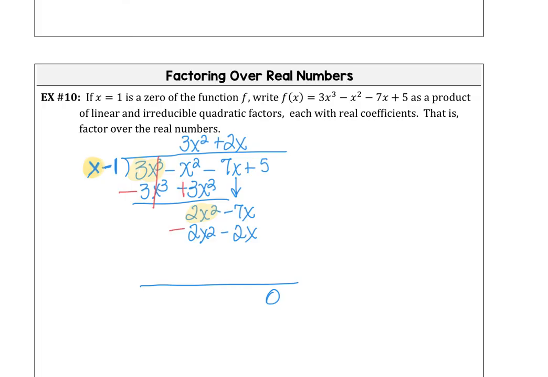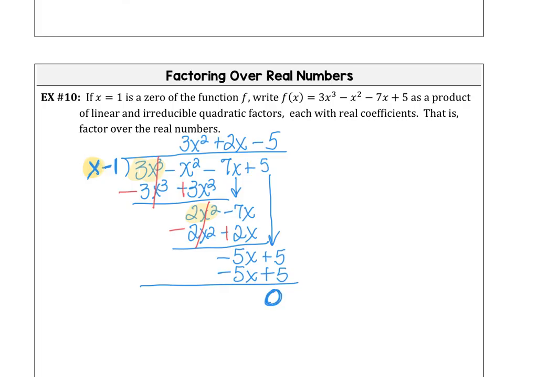We want to subtract both terms in this next step. That would go away. And negative 7 plus 2 is negative 5x. And we're going to bring down the plus 5. And then negative 5 times this x is negative 5x. And negative 5 times negative 1 is positive 5.